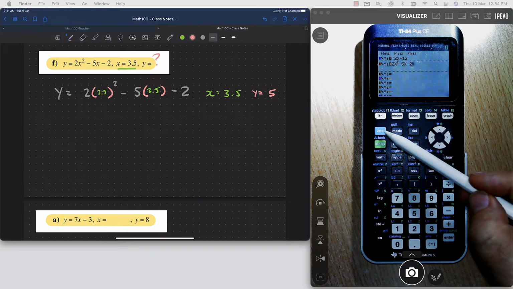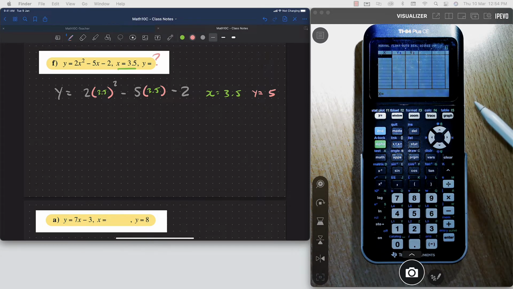And now when I go to the table, and what was the value that we had, 3.5, hit enter, you can see right here that it's giving me the value of y1 and y2 is 5. And if I put in negative 125, it's going to give me the values of the y1 graph and the values on the y2 graph.